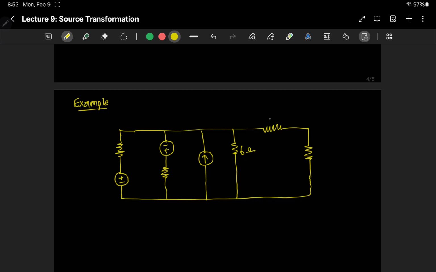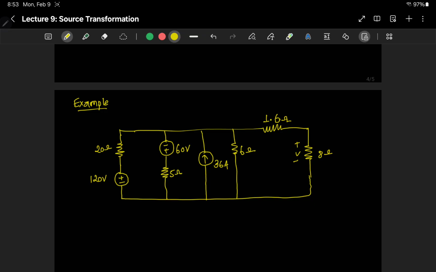This is 6 ohm, this is 1.6 ohm, this is 8 ohm. Voltage across the 8 ohm is what we are going to determine. This is given as 36 amperes, this is given as 60 volts, this is given as 5 ohm, this is given as 20 ohm, this is given as 120 volts.